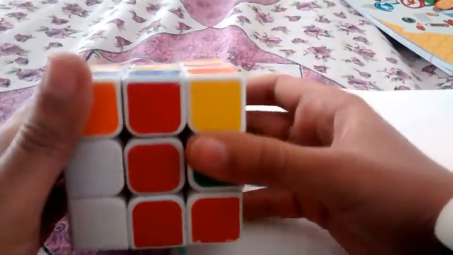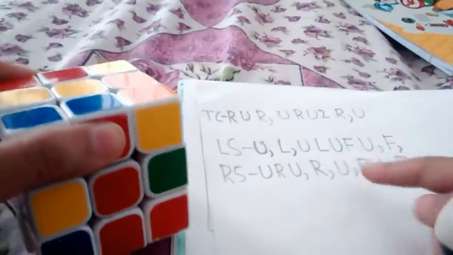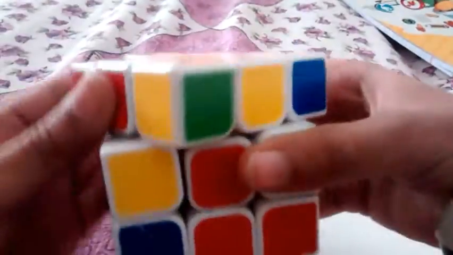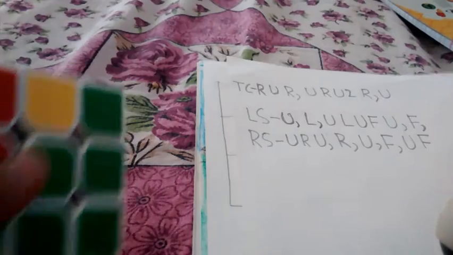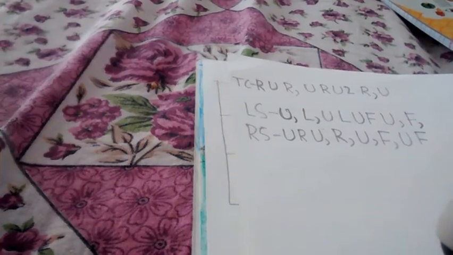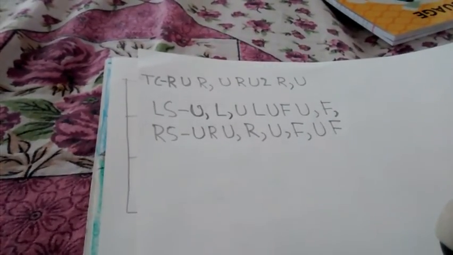U comma, L comma, U, then L, U, then front, then U again, U comma, then front, front comma. Okay.